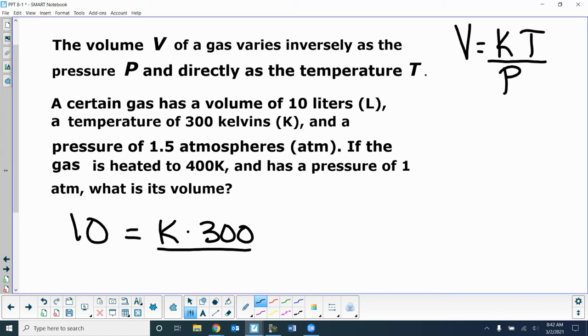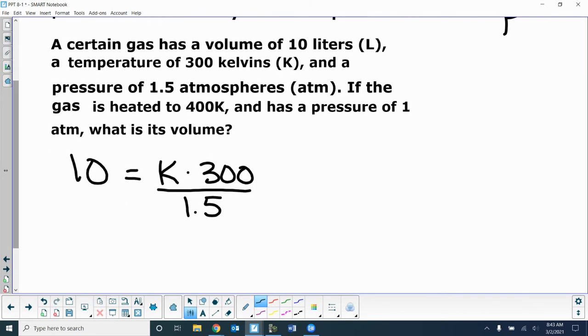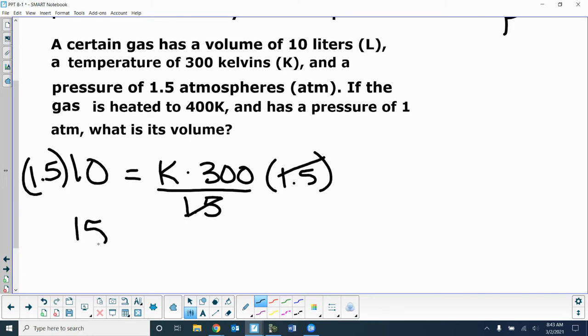And a pressure of 1.5 atmospheres, so that's the P. So we can solve for K now, right? What's the first step to solve for K? Multiply by 1.5. So those cancel. So I get 15 equals K times 300.